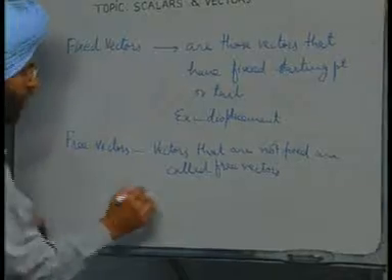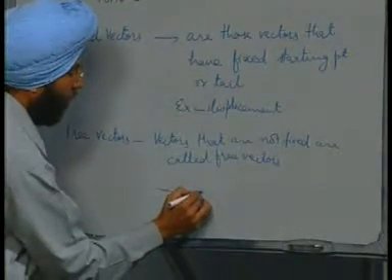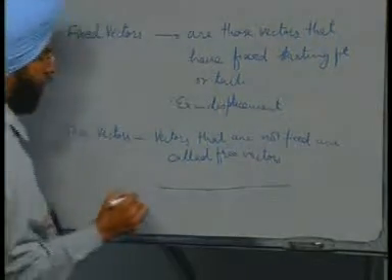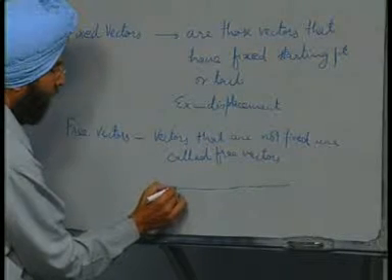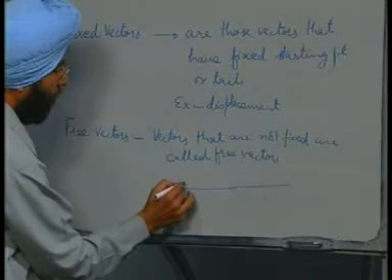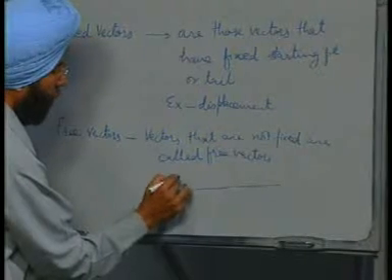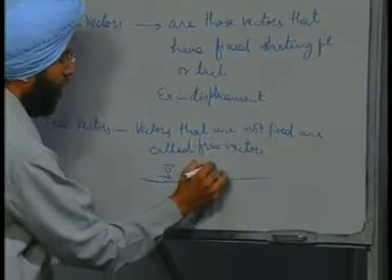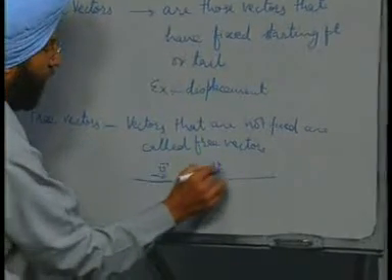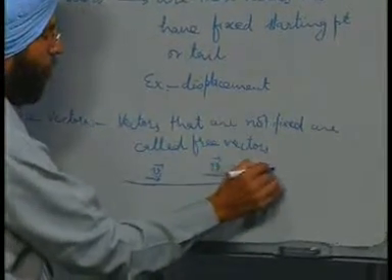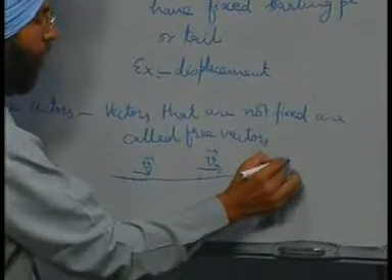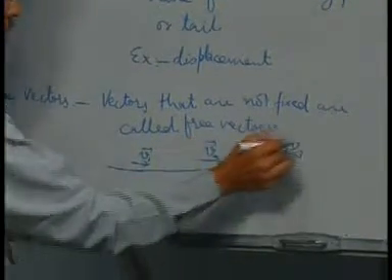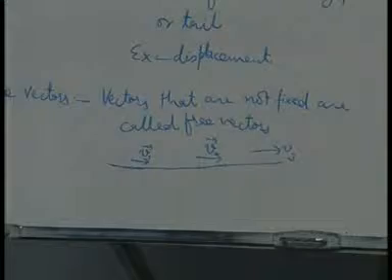Velocity of a particle moving along a straight line, its velocity at different points, v, let us say here it will be v1, v2, whatever is the value, it can be moved from place to place.